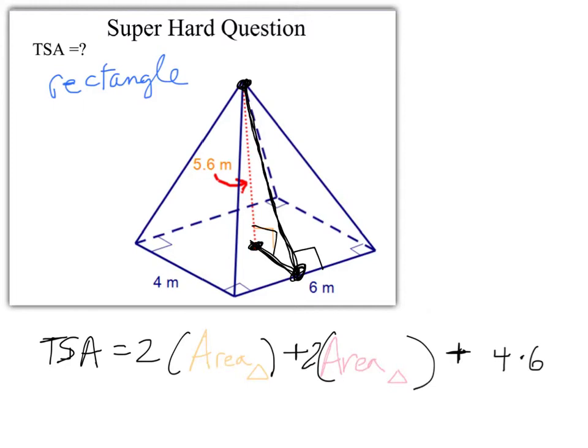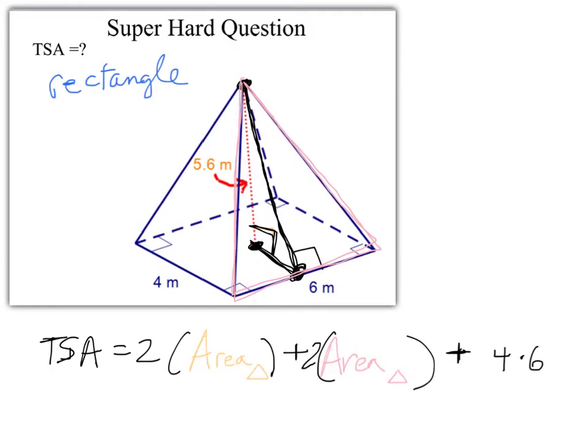I do have a right angle, which is nice, because the height of the pyramid is 5.6, and goes straight up from the center of the rectangle. But now I need to know what exactly this height is. Let me put the pink back in so you can see which triangle I'm talking about. That side. This is the only thing you're focusing on right now.